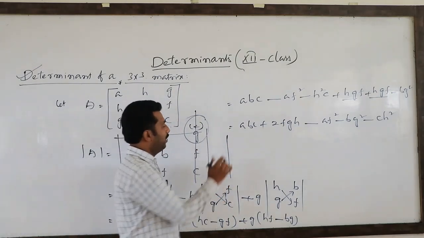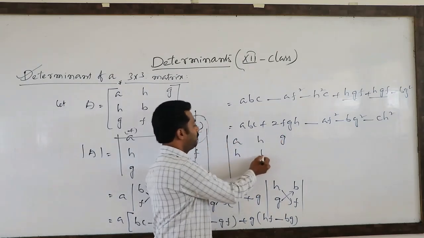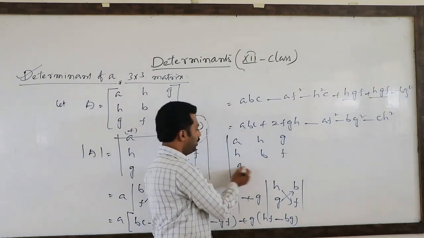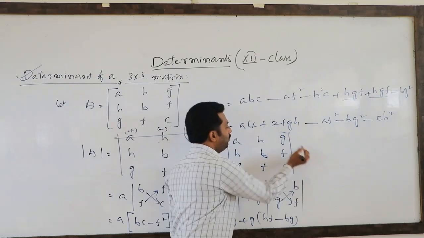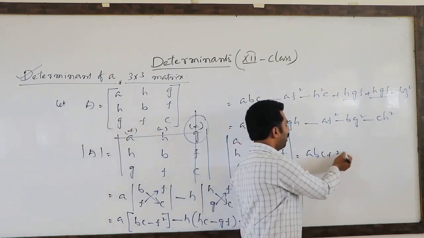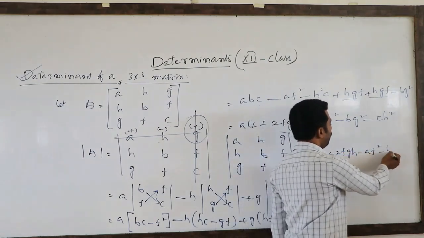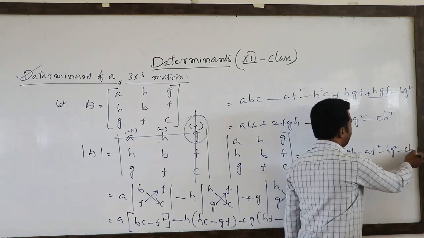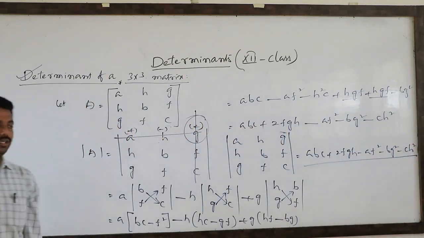What is the determinant of A, H, G, H, B, F, G, F, C? Directly you have to write ABC plus 2FGH minus AF square minus BG square minus CH square. This is one standard result you should remember.